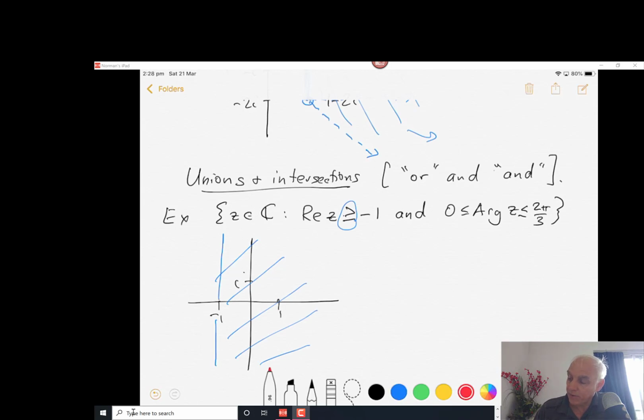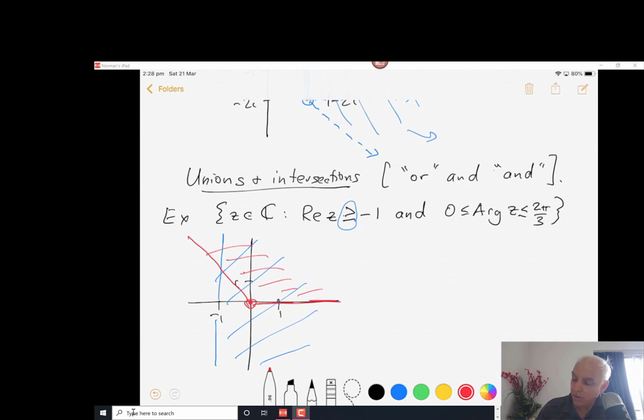The points z so that the argument of z is between 0 and 2 pi on 3. So there's the origin. It's actually not going to be included, so I'll make a circle. Points whose angle is 0 are in this direction, and angle of 2 pi on 3 will be between pi on 2 and pi, so it's like 120 degrees, so off in this direction, something like that. Okay, so this second region is this one here.